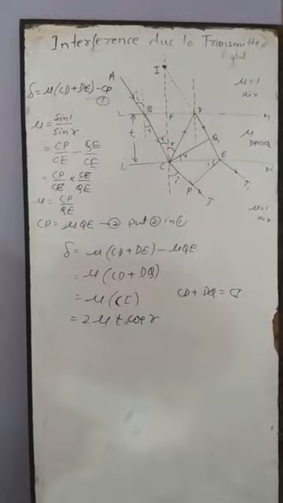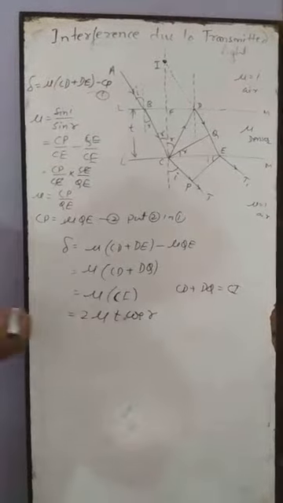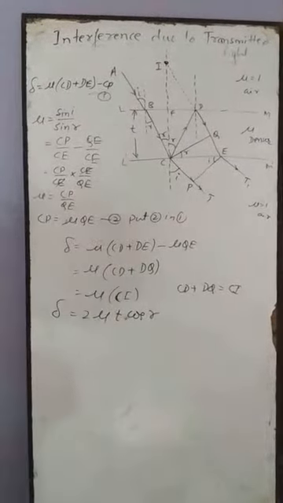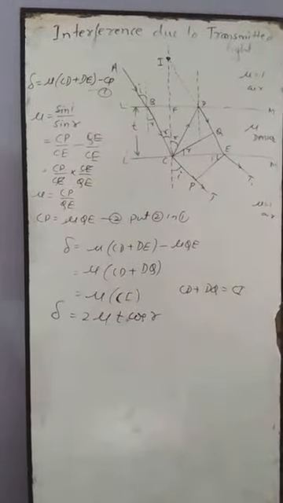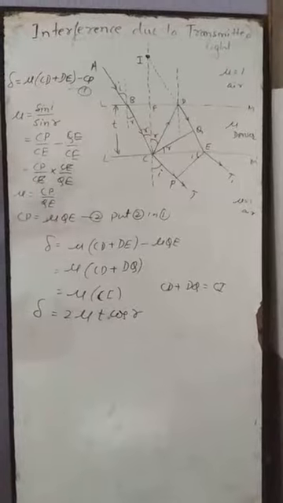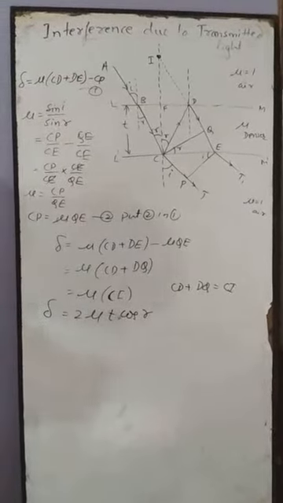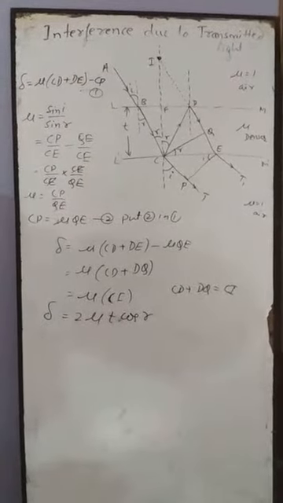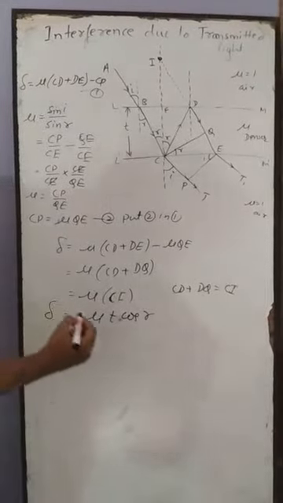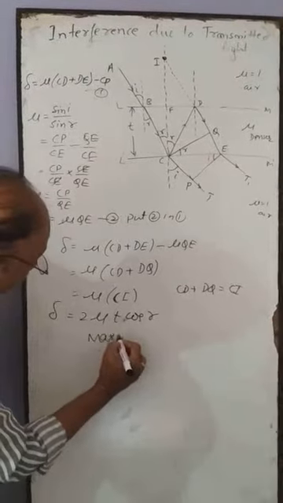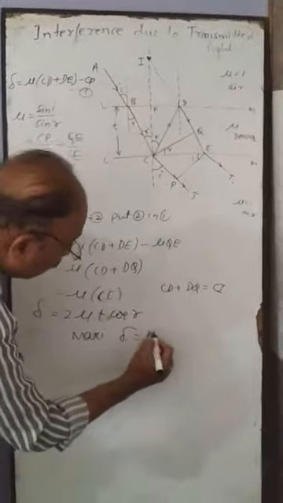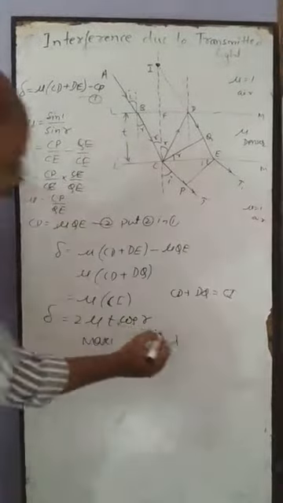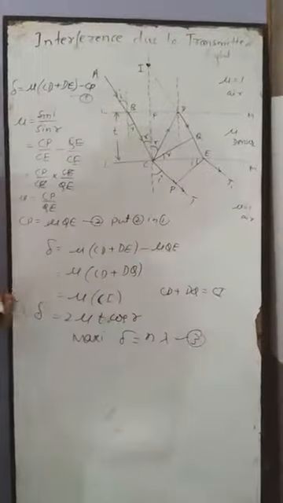So this is the path difference produced by the thin film. Suppose the maximum and minimum occur here. Then for the maximum, the path difference delta is equal to n lambda. This is equation number 3.